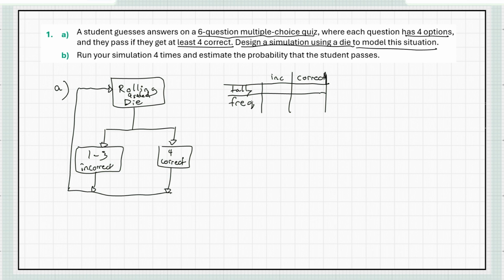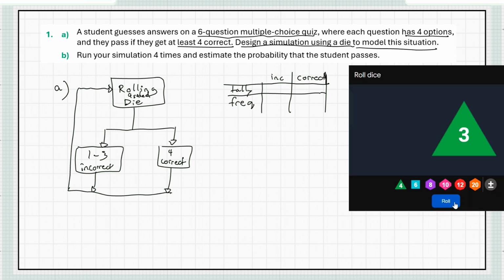Now, based on this, we can run the simulation. I'm just going to bring up a 4-sided die, and we're going to roll this 6 times to see how we did.